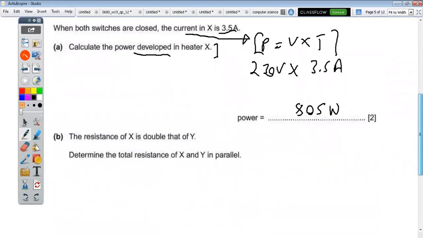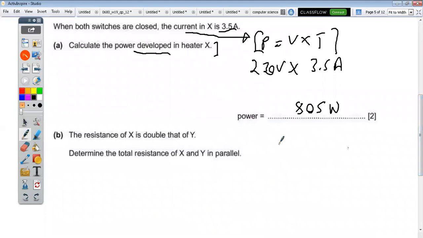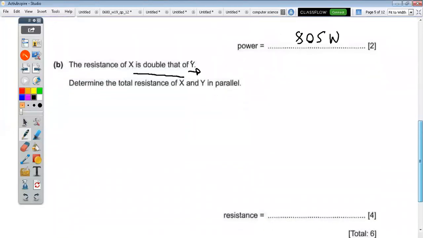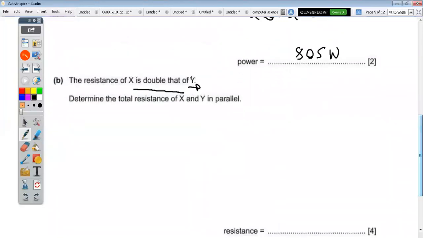The resistance of X is double that of Y. Determine the total resistance of X and Y in parallel. What a question. 4 marks.